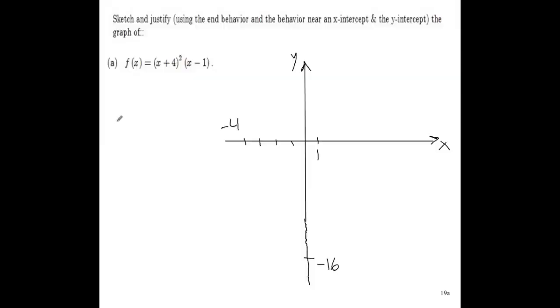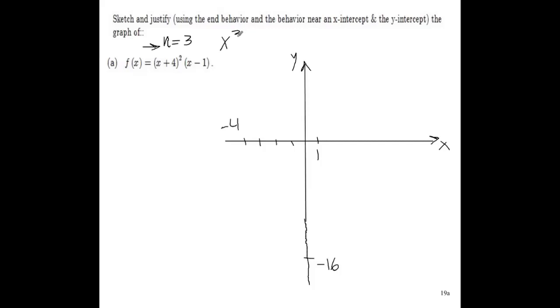Here we want to sketch and justify the graph of f of x. Here if I expand this, I get x to the power of 2 and then I have times x. So this is a third order polynomial where n, the exponent, is 3. If I expand this, we don't really have to multiply these out to come up with this conclusion. You see you have x squared times x, that gives me x to the power of 3.